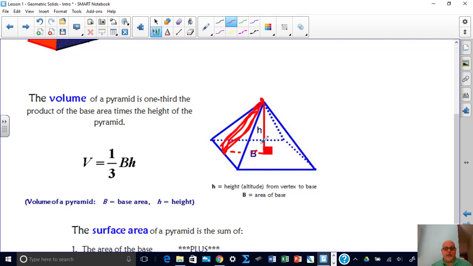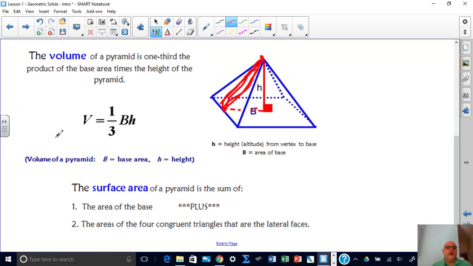So we'll be looking at Pythagorean theorem problems to do with that. So that's the volume of the pyramid, 1/3 the area of the bottom times the height. The surface area is the area of the bottom, the base, plus the areas of the 4 congruent triangles. They're isosceles triangles that are the lateral faces.